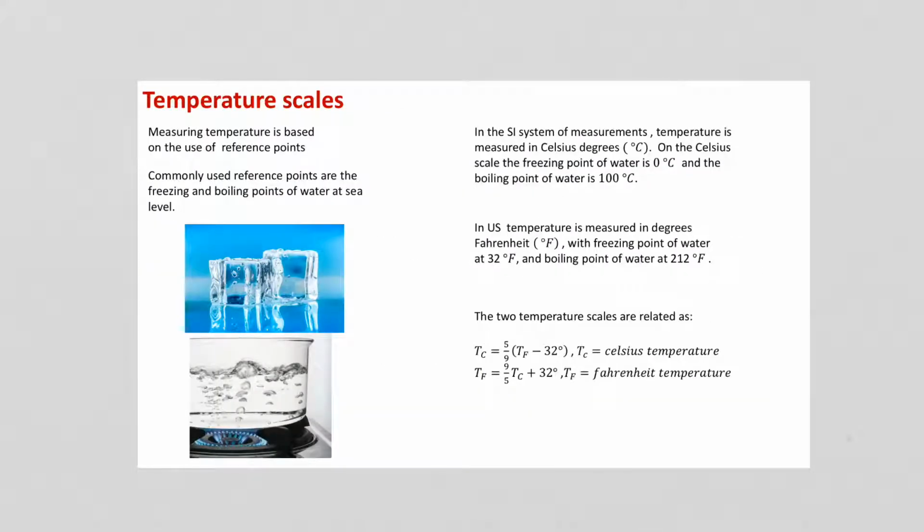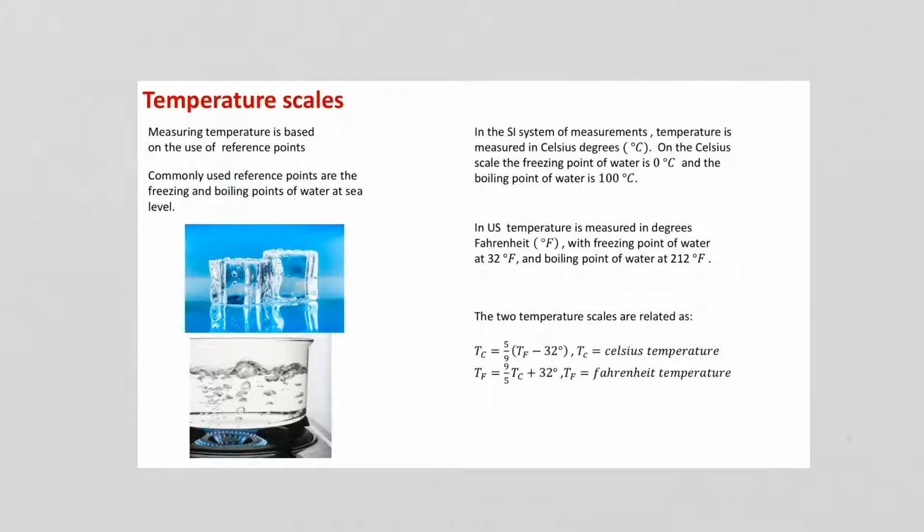To be able to measure the temperature within an understandable standard, a temperature scale must be introduced. The temperature scales in use today are two, and those are the Celsius scale, which is the metric system scale for temperature measurements, and the Fahrenheit scale, which is in the imperial system.